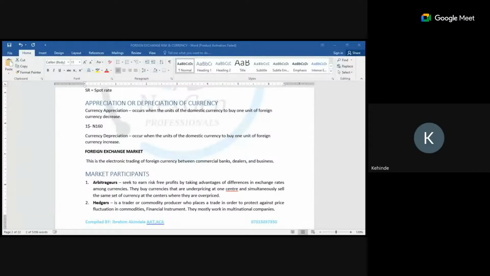Like when it was, let's say, 1,600. That means if I want to send maybe $100,000, I will need more naira. I need to save more naira to be able to afford it.